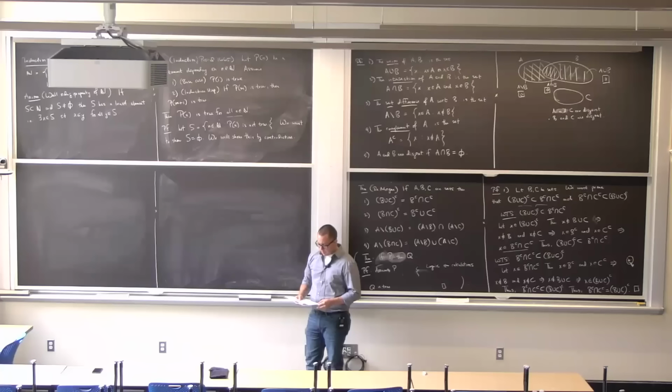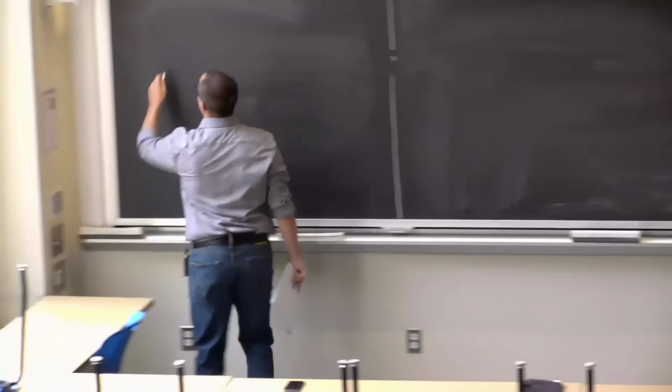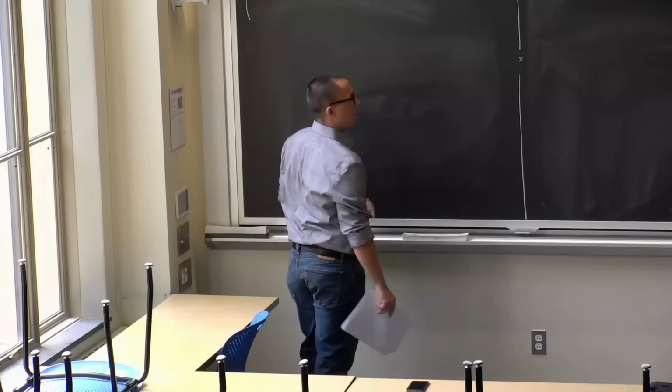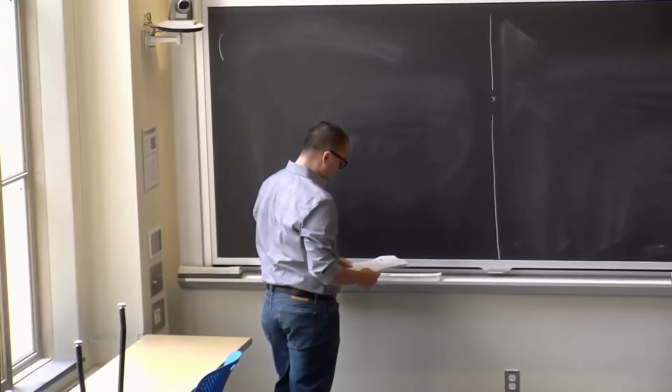Okay, so in a proof by contradiction, what I'm about to write down is not part of the proof. This is commentary not to be included in the proof.